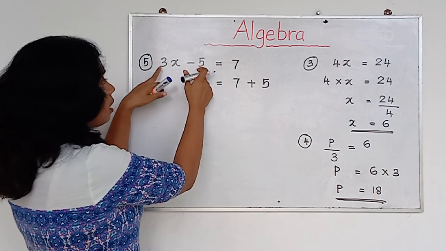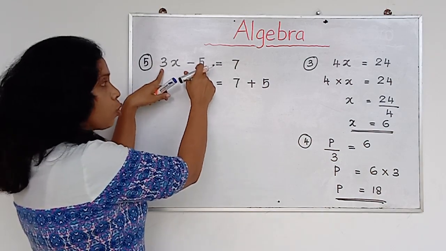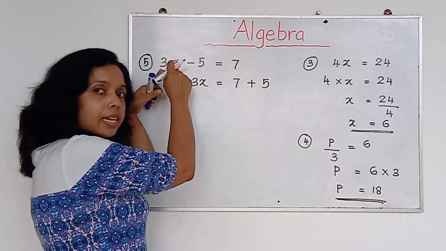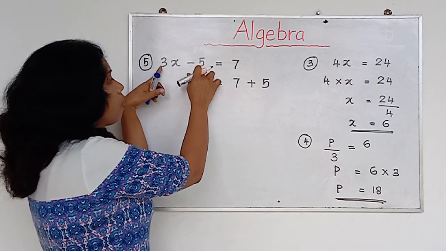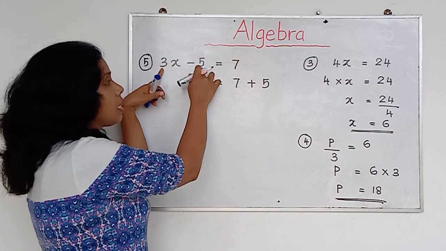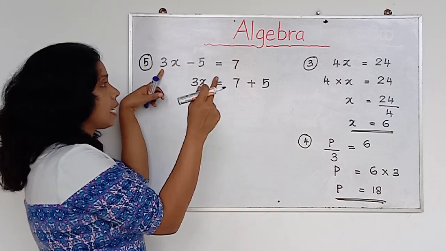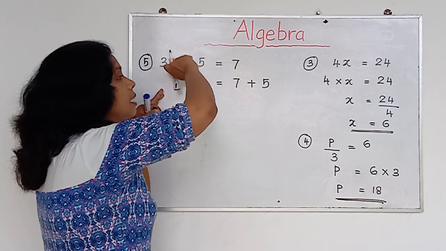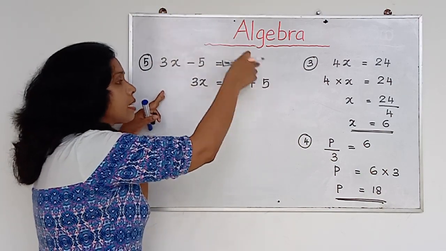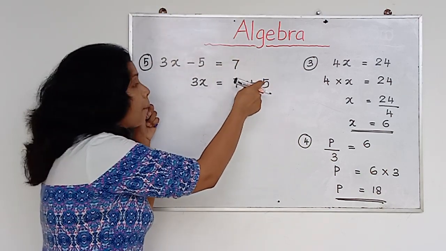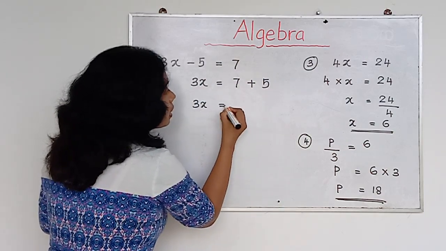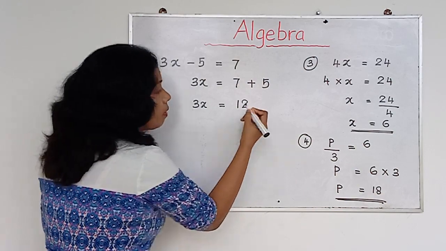To keep x alone, I want to remove these 2 numbers, from which I selected minus 5 first, right? Then I sent him to the other side. He changed his sign. It became plus 5. Now 3x equals 12. Right?